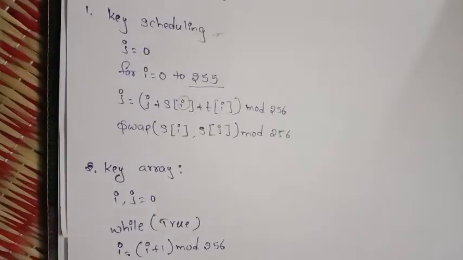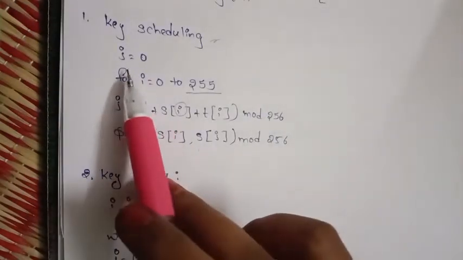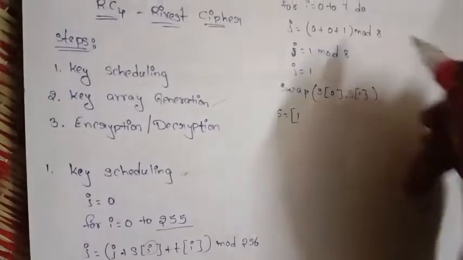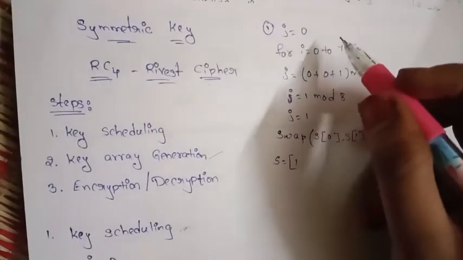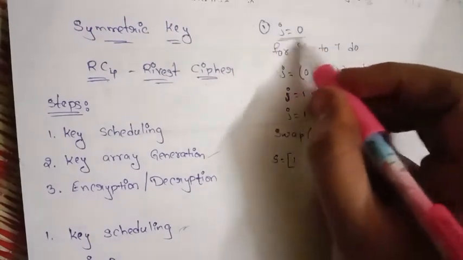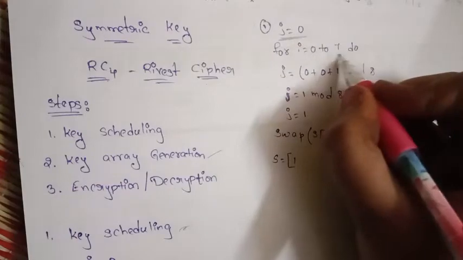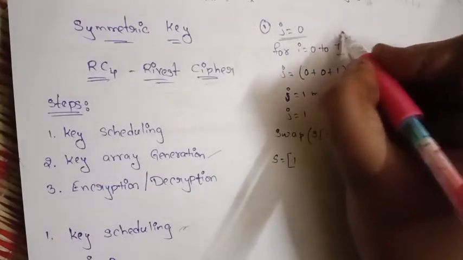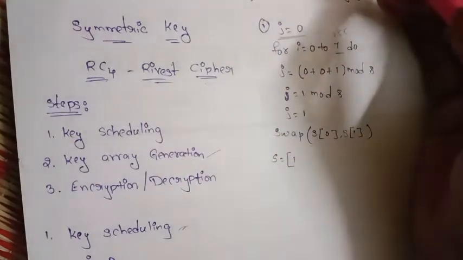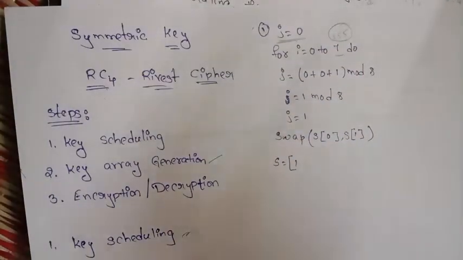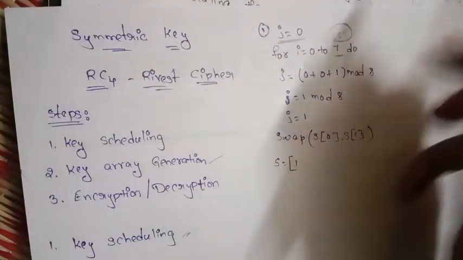Now the first step is key scheduling. What we need to do, guys, is assume that j equals 0. So here I have j equals 0. Next, for i equals 0 to 255, because there we have 255 elements, but here we have only 8.